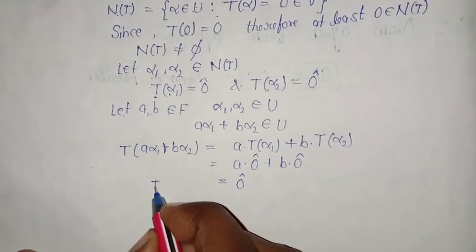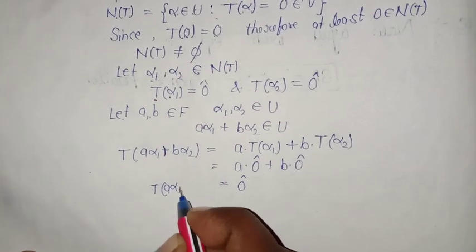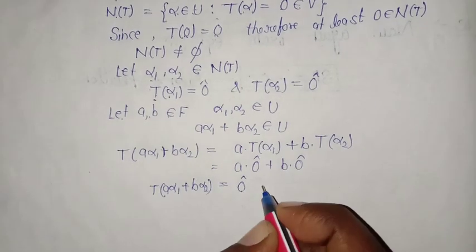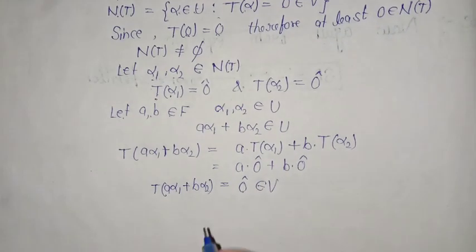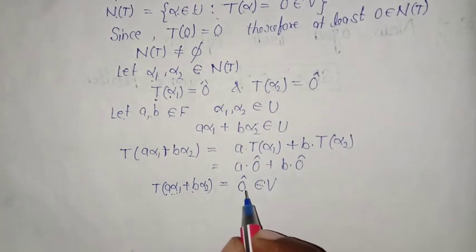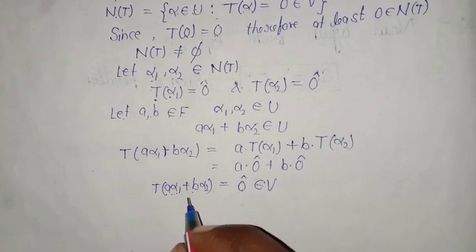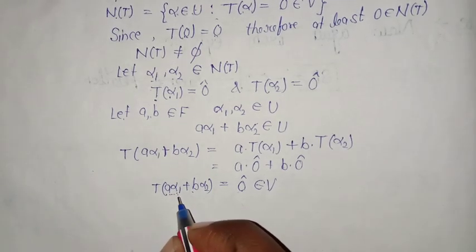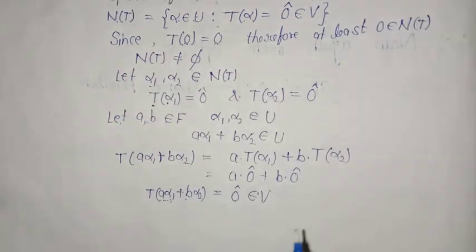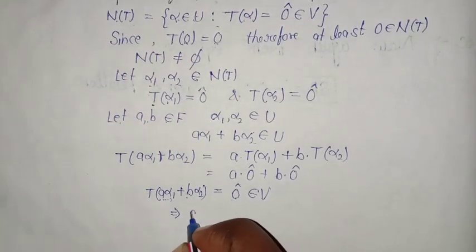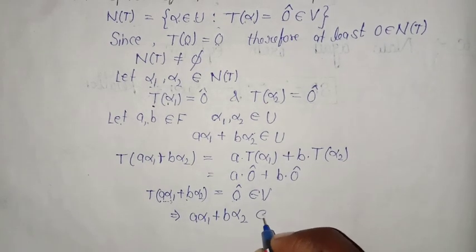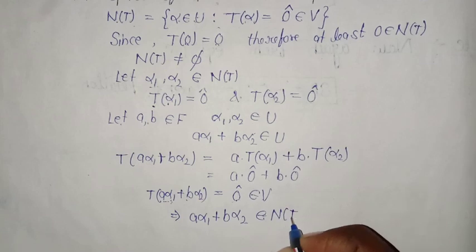So what we have got is that T of a alpha 1 plus b alpha 2 is also mapped to the 0 vector of the vector space V. So if this element belongs to U and is mapped onto the 0 vector of V, then this element must be a member of the null space of T by the definition of null space of T. This implies a alpha 1 plus b alpha 2 also belongs to the null space of T.